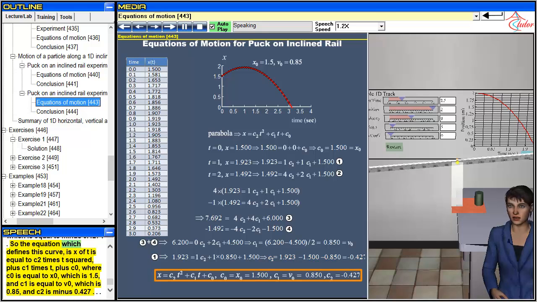So the equation which defines this curve is x of t is equal to c2 times t squared, plus c1 times t, plus c0, where c0 is equal to x0, which is 1.5, and c1 is equal to v0, which is 0.85, and c2 is minus 0.427.